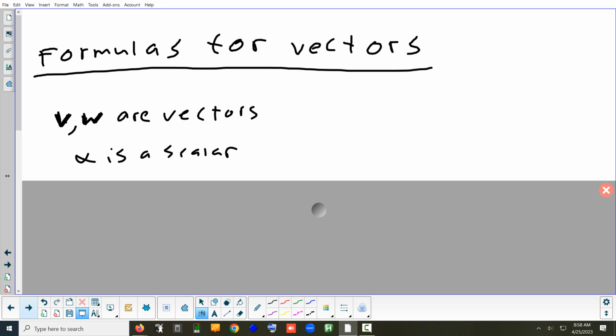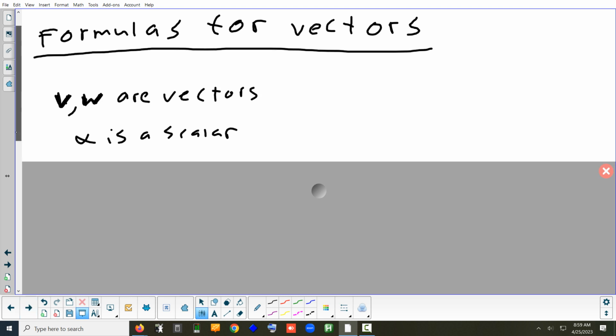What did we say yesterday that a scalar can do to a vector? It can do one of 3 things. Does it make it longer, shorter, or reverse the direction? Yeah, exactly. So a scalar, think of when you make a scale model of a house. It's a small version. If you make a scale model of a cell in science, you probably make a big version. So scaling means to make it smaller, bigger, or it can also flip the direction.